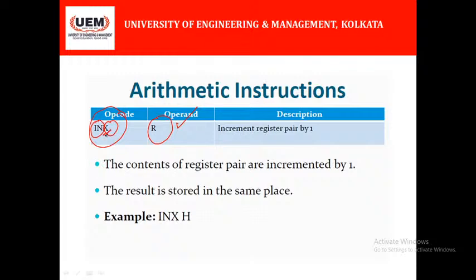Because X is there, we can understand it is in indirect addressing mode. So we can increment the register pair by 1. For example, say INX H, then what happens? Suppose initially the values of H and L are 90 and 00, that is 9000. So after the incrementation, H remains the same, but L will be incremented by 1.